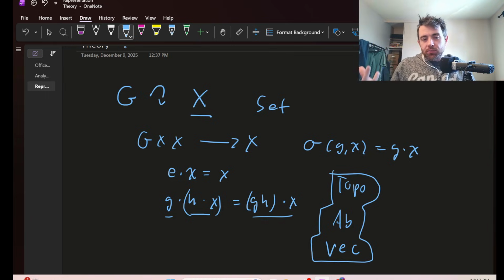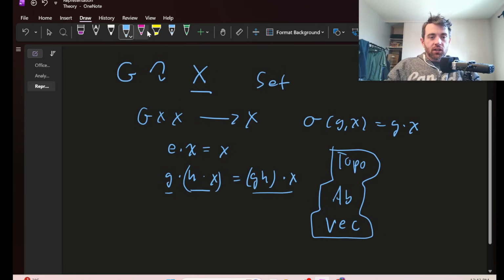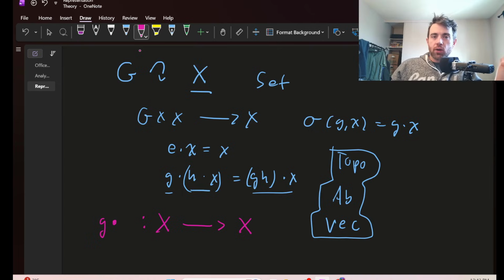That's fine. But of course, one thing we're interested in in mathematics is compatible structures. It's one thing to just say, oh yeah, it's a map on some topological space, but it's another thing entirely to say that, given this element g, the map g dot, the map given by this action, that's a map from X to X. And so there's maybe a little bit more going on if we demand that this map is a morphism in the category that X is in.